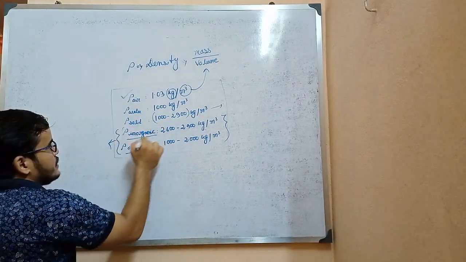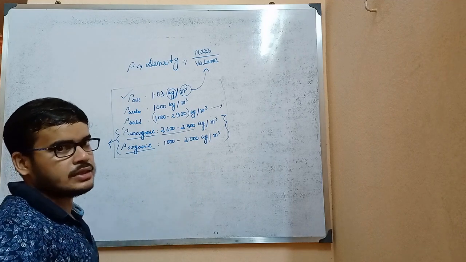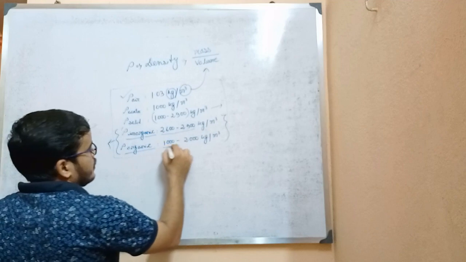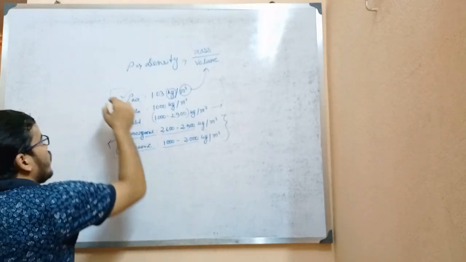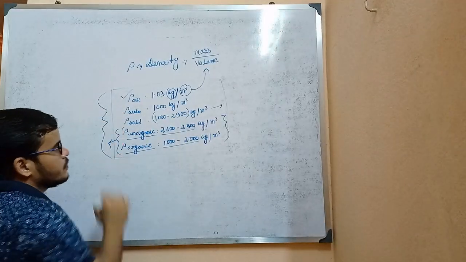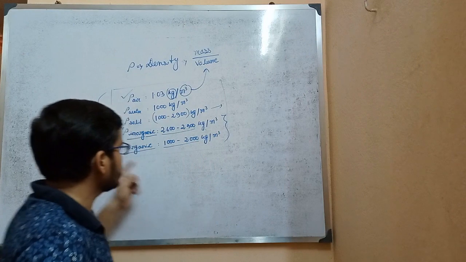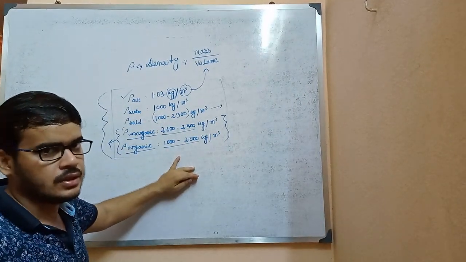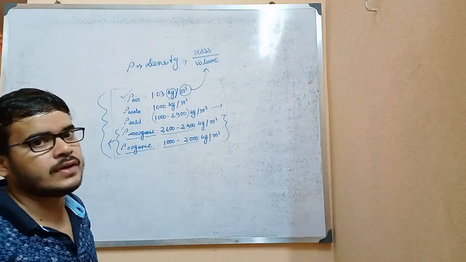The density of inorganic material is 2600 to 2900 kg per meter cube, and organic material 1000 to 2000 kg per meter cube. All these things are very important for competitive exams. We have to remember all the terms, as in MCQs this data will not be given, you have to just put the values.